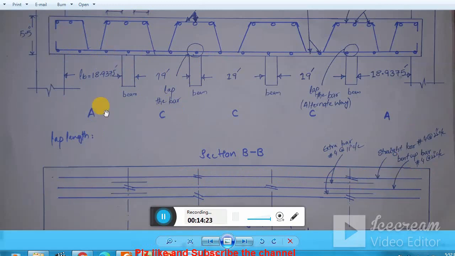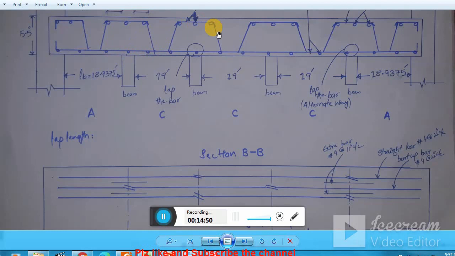Now the bent up bar, basically you see here, this bar is bent up, coming down, and here I lap the bar. Now this is important. And then again you see the straight bar. But if it is coming from this direction, it is bent up.